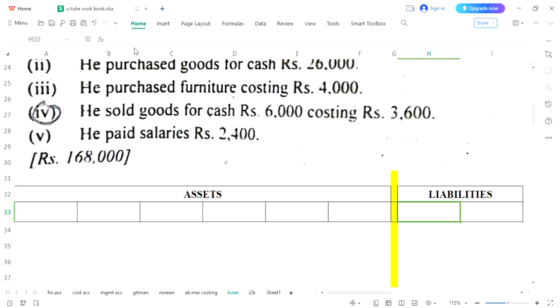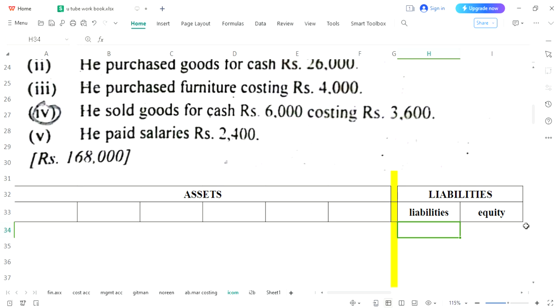In liabilities, we will be having only two types: common liabilities and then equity or your capital. This equity would be used to note down all of your capital or capital-related items. Now the question is, if assets are noted over here and liabilities are noted here, what will happen for expenses and income?